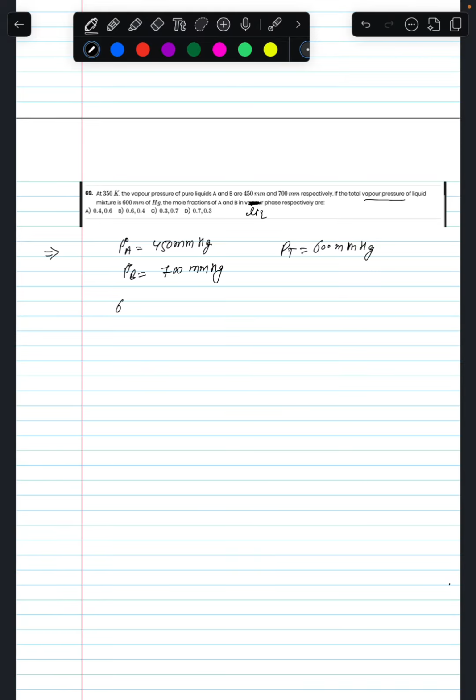As we know, total vapor pressure is 600 = 450 into mole fraction XA plus 700 into mole fraction XB. In place of XB, I can write 1 minus XA. So we got 450 XA plus 700 minus 700 XA.